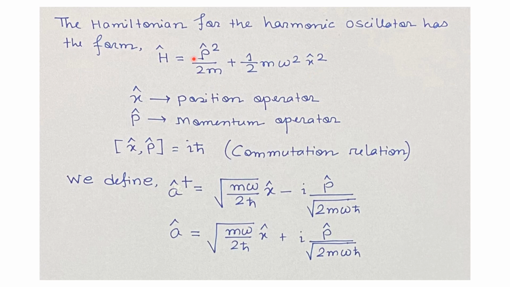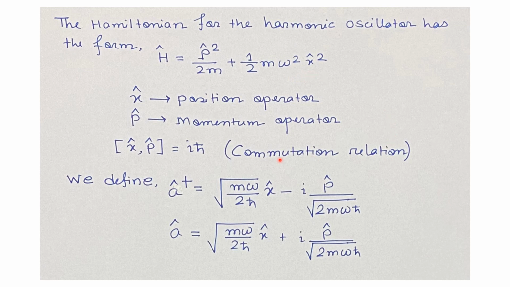Here P cap is the momentum operator, m is the mass of the particle in the harmonic oscillator potential, omega is the angular frequency of the harmonic oscillator, and x cap is the position operator.